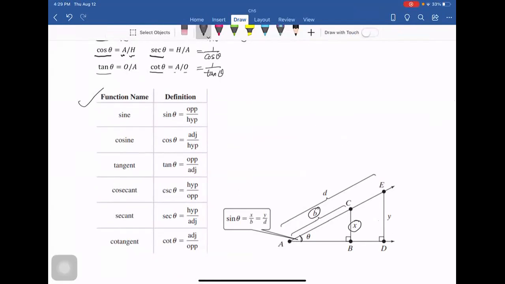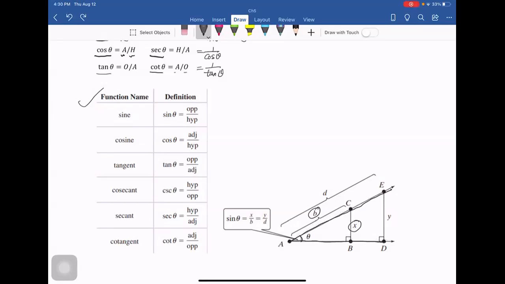And we extend AB to D, AC to E. So sine theta also equals opposite divided by this part, the hypotenuse in this triangle. So it's y over d.